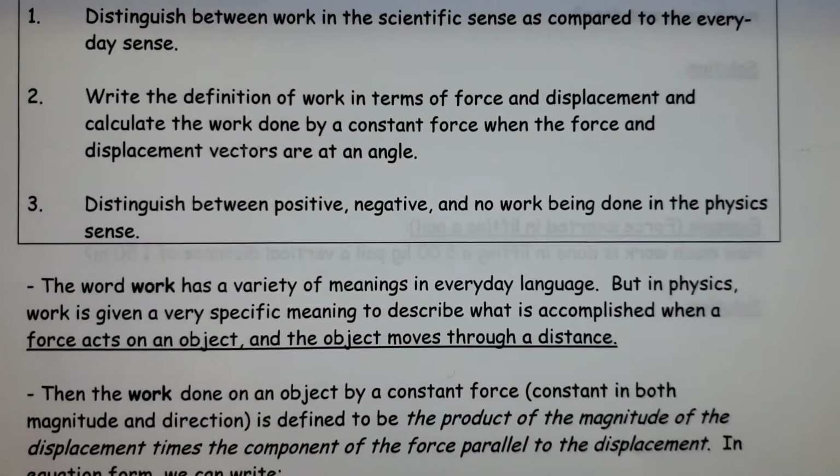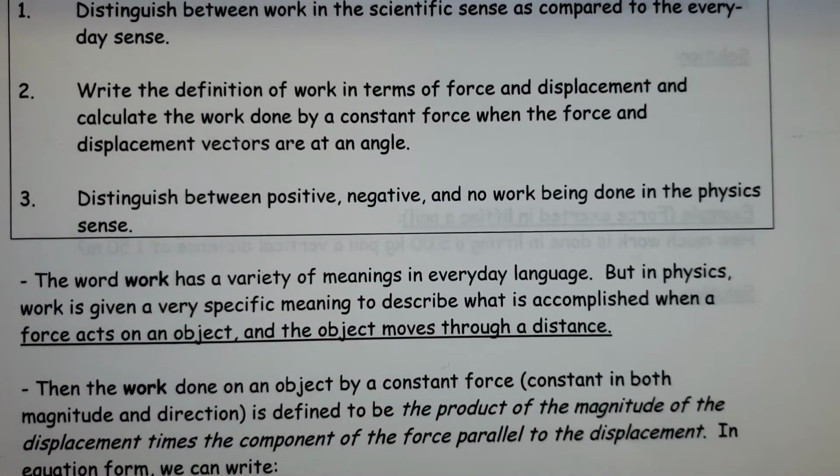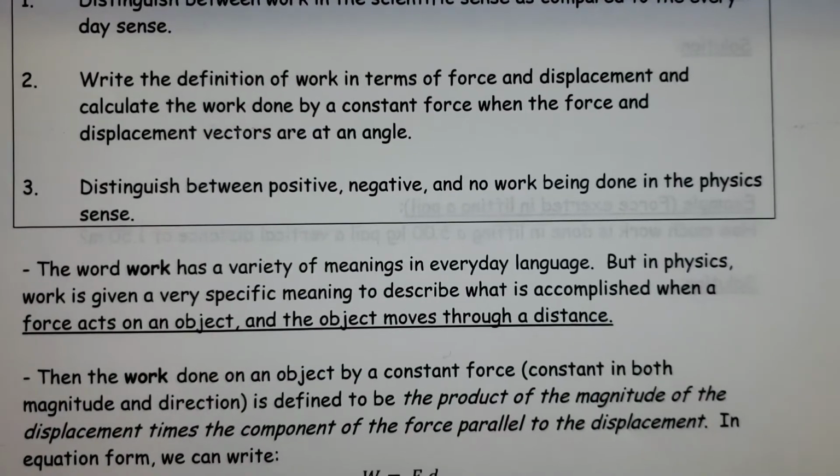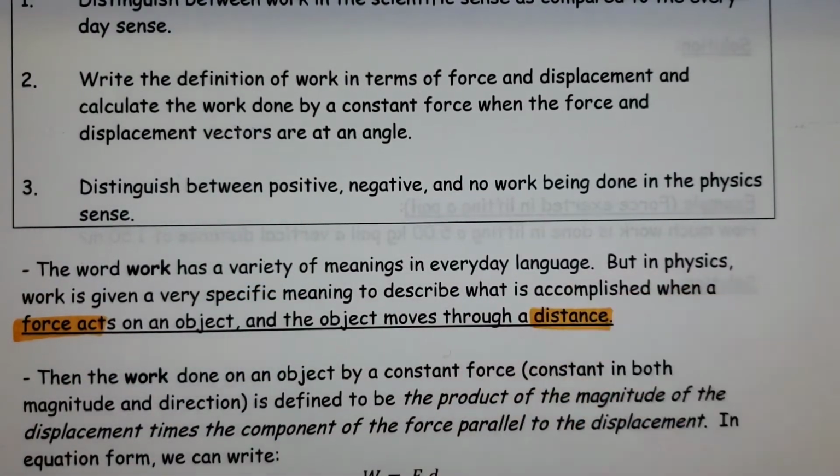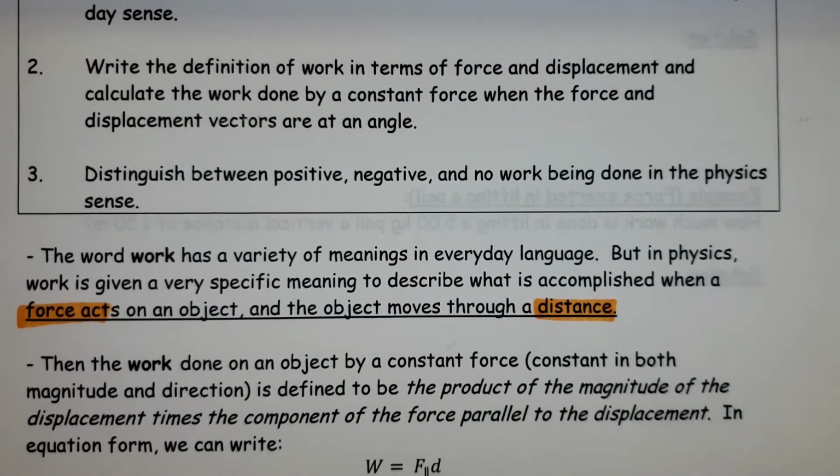So the word work has a variety of meanings in everyday language, but in physics, work is specific to describe when we have a force acting through a distance. So you have to have someone or something applying a force, and that object actually has to move.